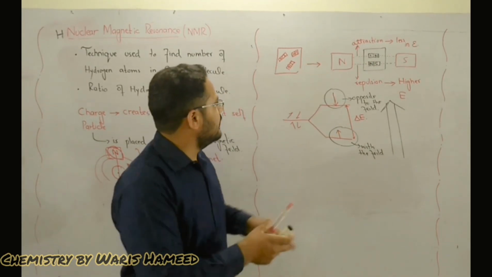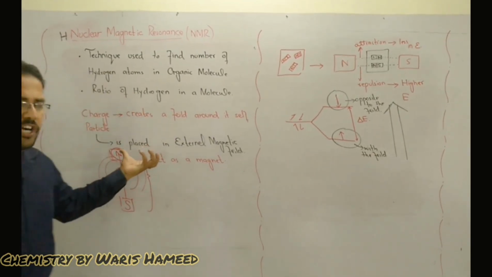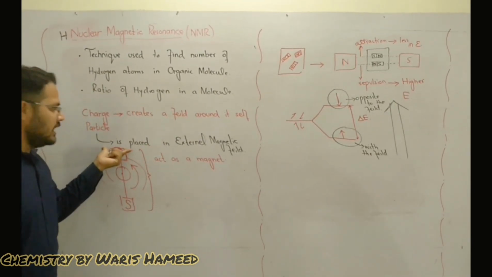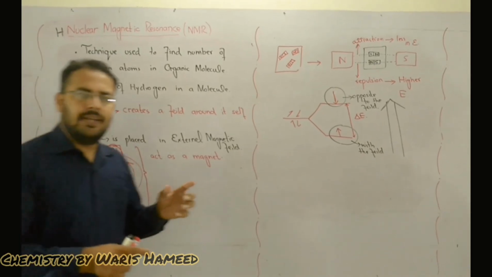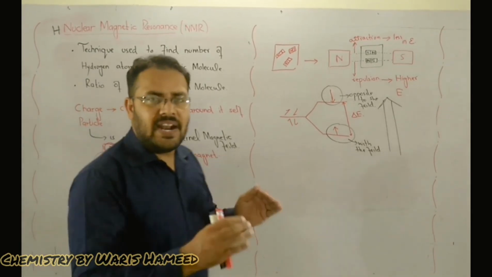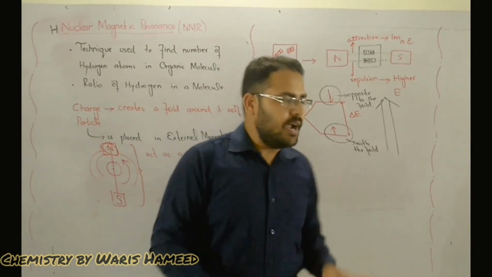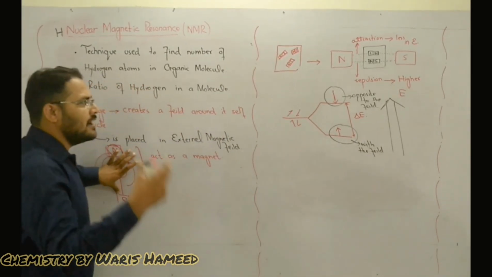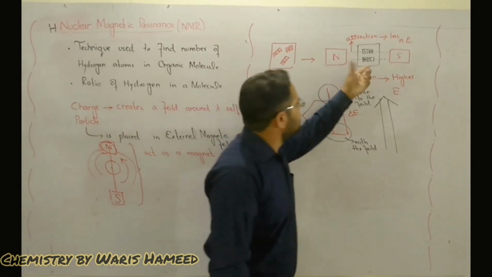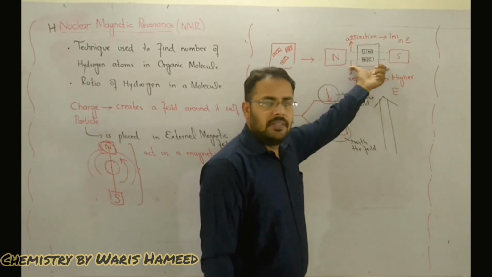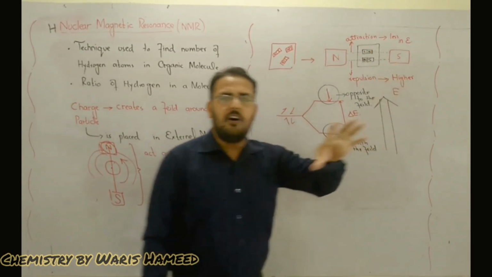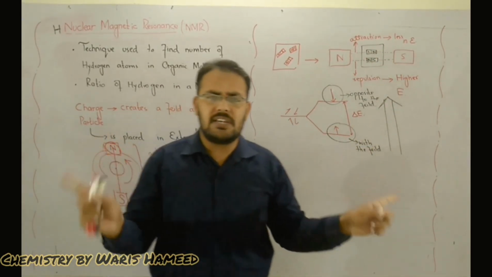I summarize it again. We have a charged particle, and when it moves, it creates a magnetic field around itself. When this charged particle or nucleus is placed in an external field, it will orient itself according to the external field.